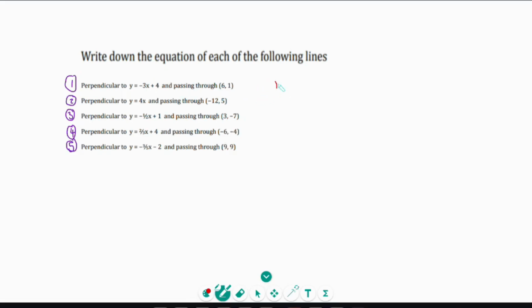Okay, so question 1. We have the gradient is -3. We know perpendicular gradients multiply to give us -1. Divide both sides by -3. Gives our perpendicular gradient 1/3. Y equals mx plus c.